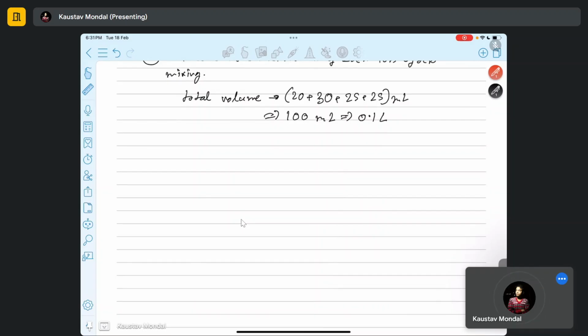So now for MgCl2, it will simply give Mg2+ and 2Cl-, right? So what is it for Mg2+?